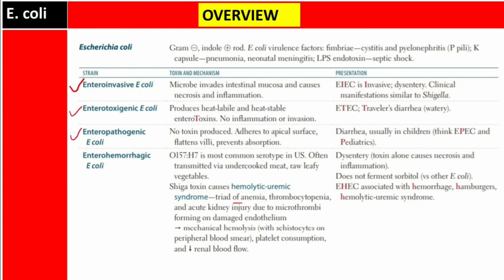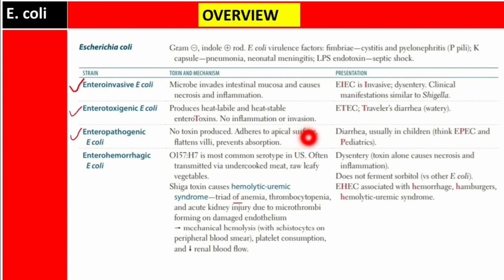Number three, enteropathogenic. We didn't discuss much about this one, but just to remember, no toxins are produced. It adheres to the apical surface in the intestines. It flattens the villi and prevents absorption, causing malabsorption.